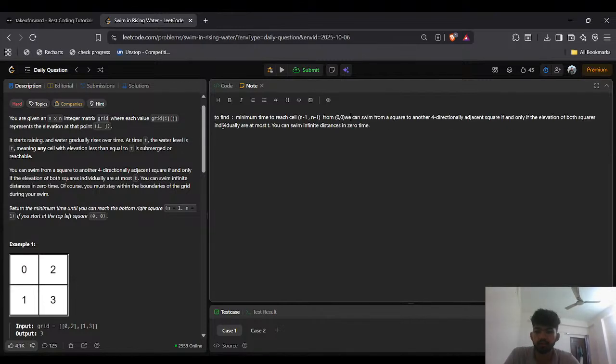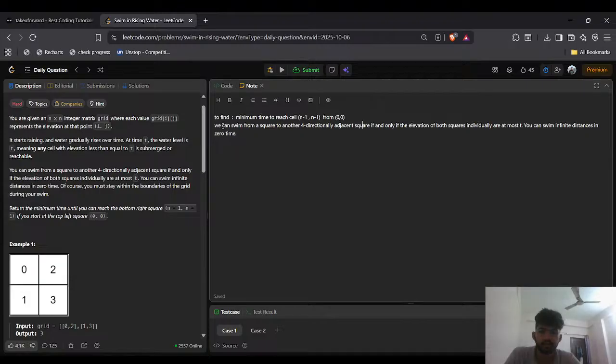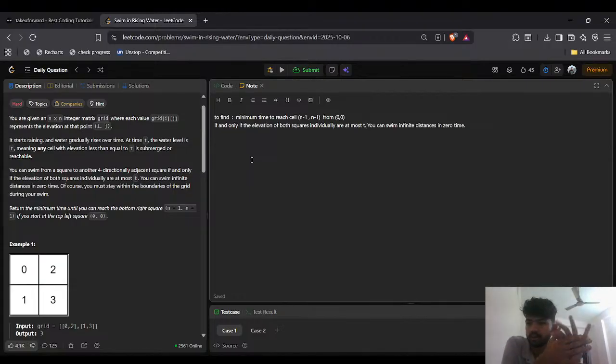We can swim from a square to another 4-direction adjacent square, of course we can do it, if and only if the elevation of both squares individually is at most t. What is t? It starts raining, the water gradually rises over time. T is time.